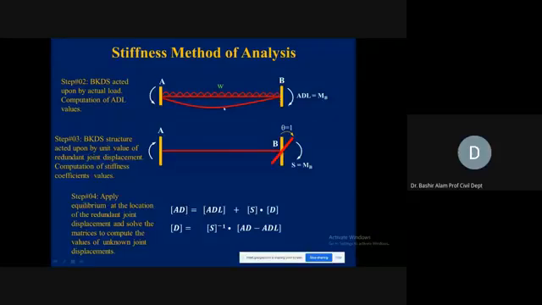Now what will we do here? We apply a unit rotation multiplied by the actual movement so that the moment here comes into equilibrium. After generating the stiffness matrix, it is multiplied by the corresponding displacement.